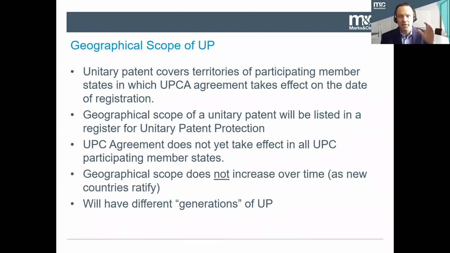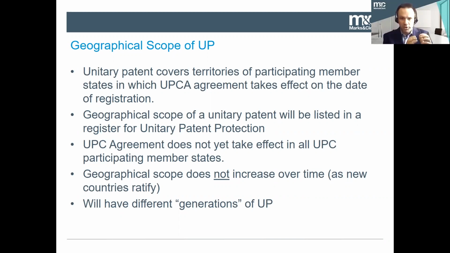You can still validate separately in Ireland, and that's what you have to do if you want patent protection for Ireland. Now take a situation where Ireland later on deposits their instrument of ratification. What this doesn't mean is that the old UP that you've got then suddenly covers Ireland as well. It doesn't.